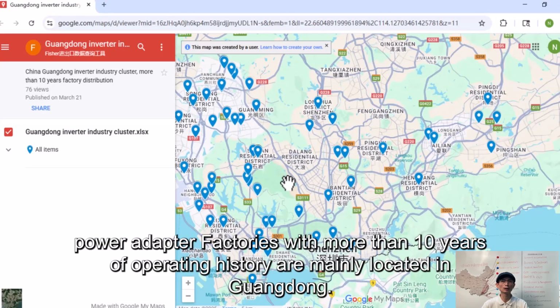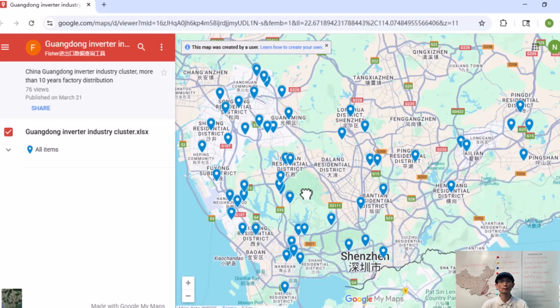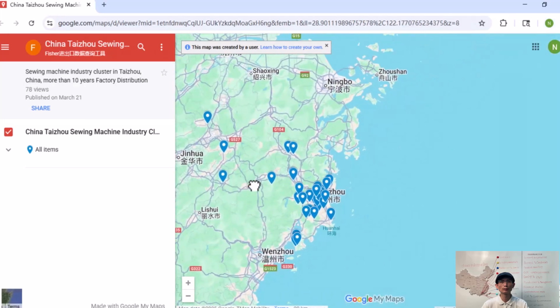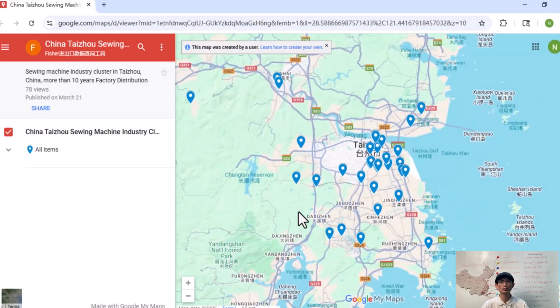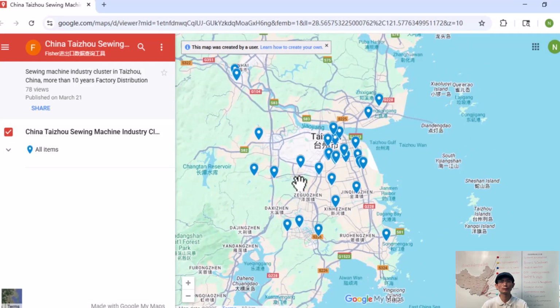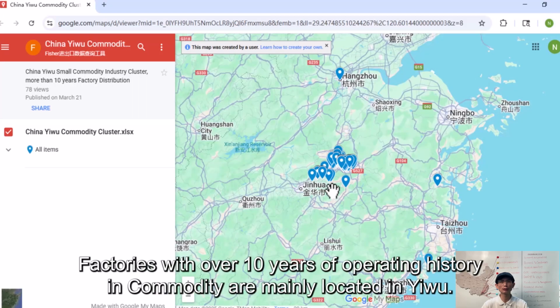Power adapter factories with more than 10 years of operating history are mainly located in Guangdong. Sewing machine factories with over 10 years of operating history are mainly located in Jiangsu and Zhejiang. Factories with over 10 years of operating history in commodity are mainly located in Yiwu.